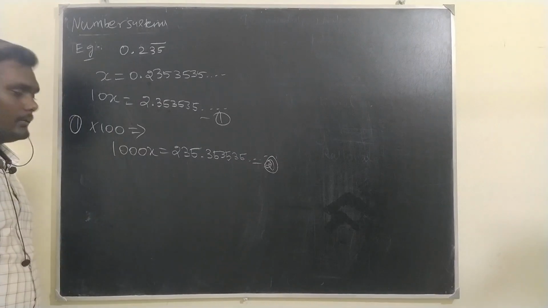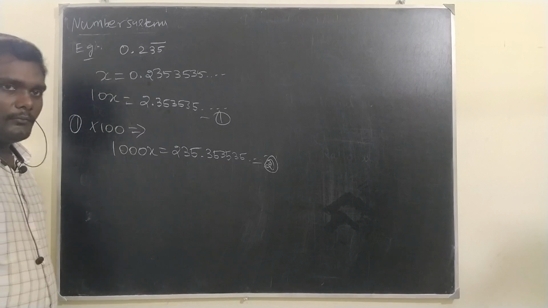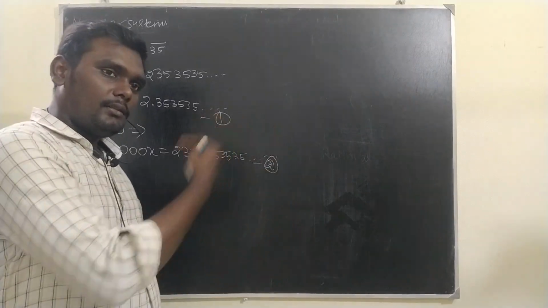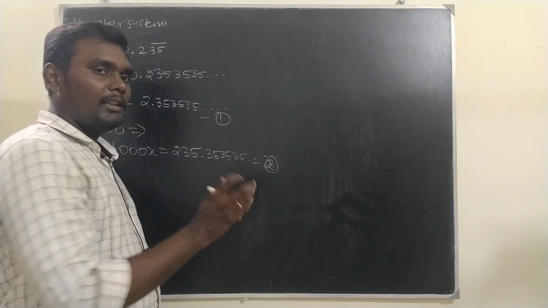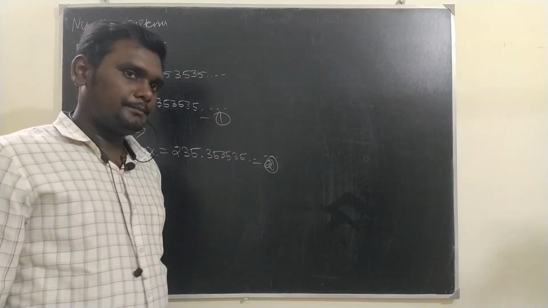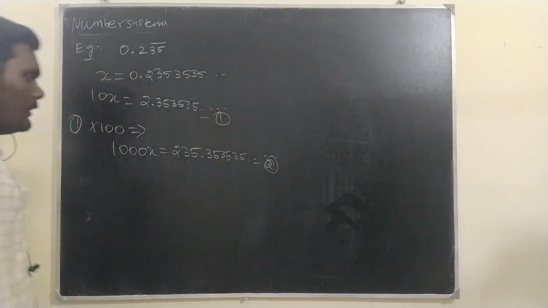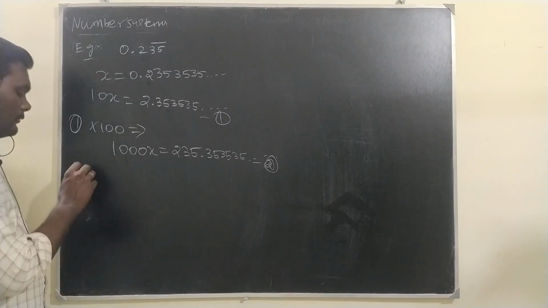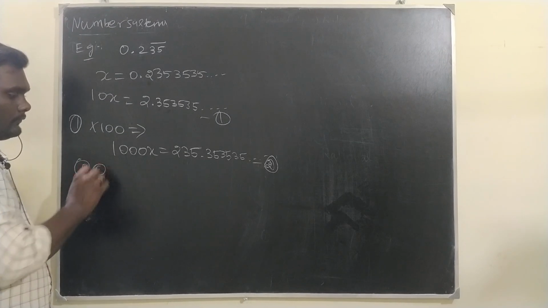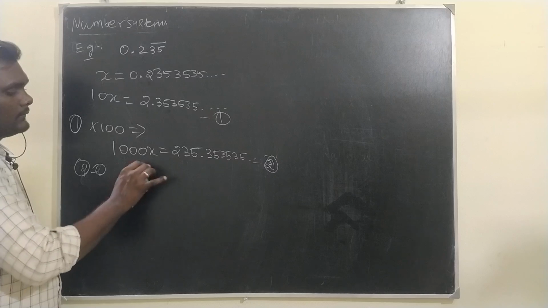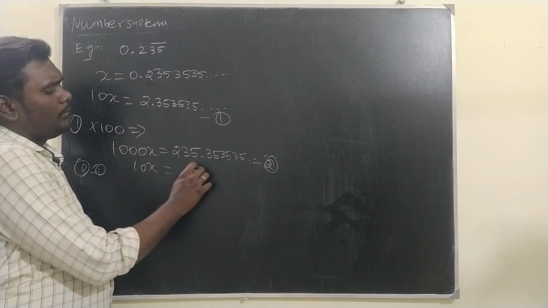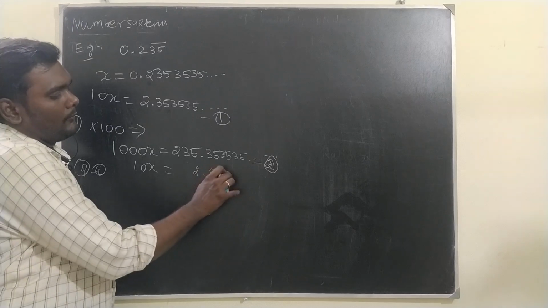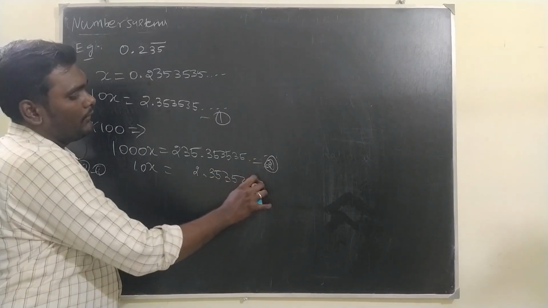I hope you have got it. First we bring the non-repeating numbers to the front, and then we go for the repeating decimal block. Now as usual, equation 2 minus equation 1. The first equation is 10x equals 2.353535 and so on.